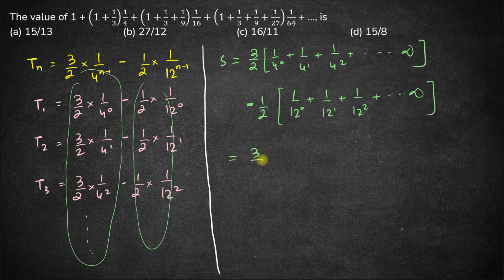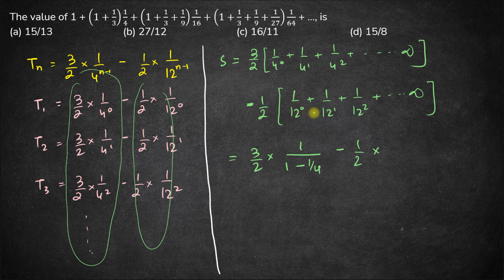So we'll have 3 by 2 into, the first term here is 1, so the sum of an infinite series is 1 upon 1 minus the common ratio, right? So the first term here is 1 upon 1 minus, the common ratio is 1 by 4, right? We are dividing by 4, each term is getting divided by 4, so the common ratio is 1 by 4, minus you have a half into.